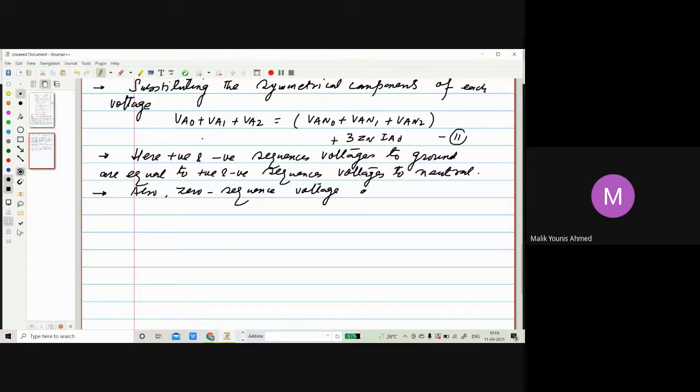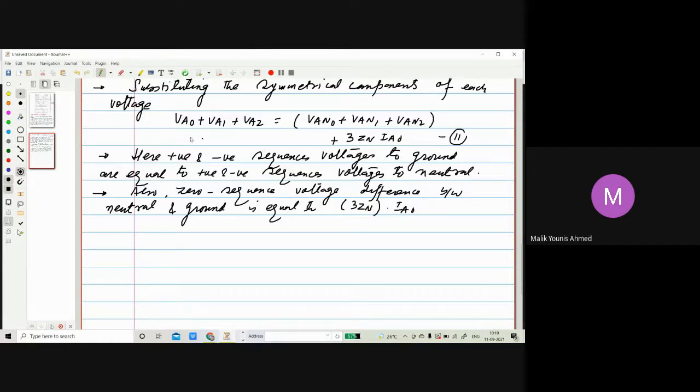difference between neutral and ground is equal to what? 3Zn into Ia naught.